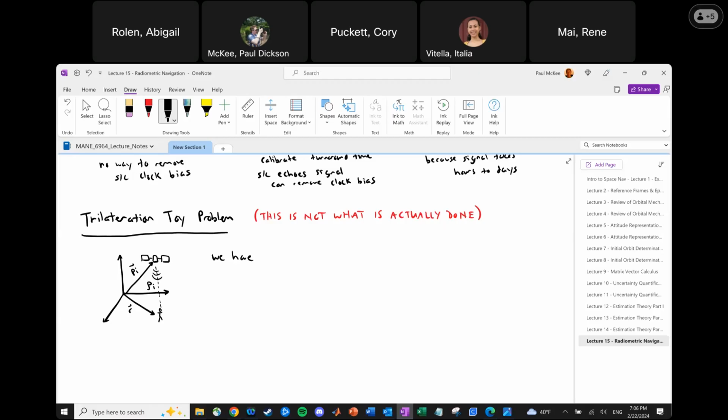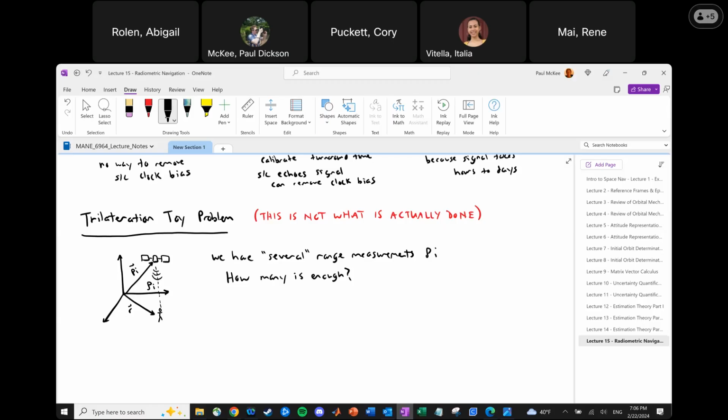We have several range measurements, rho i. How many is enough? That's an open question. It's not a rhetorical question. How many range measurements do we need to nail down somebody's position in 3D space?